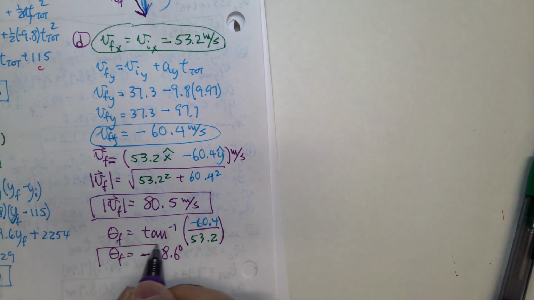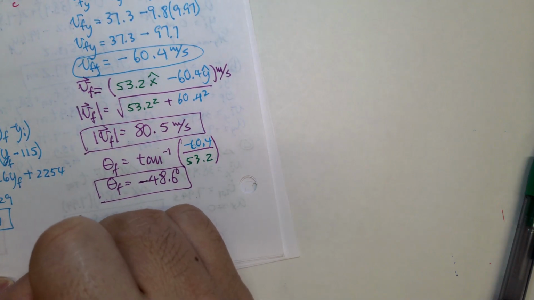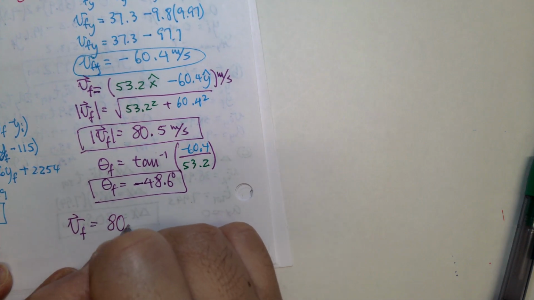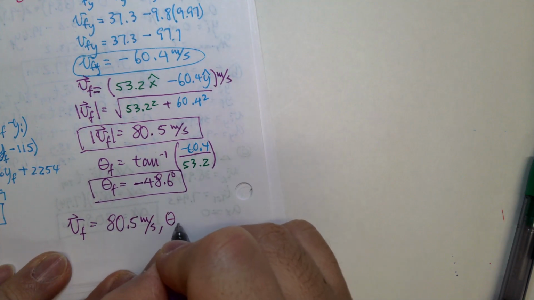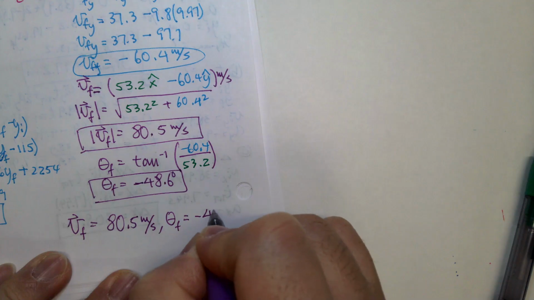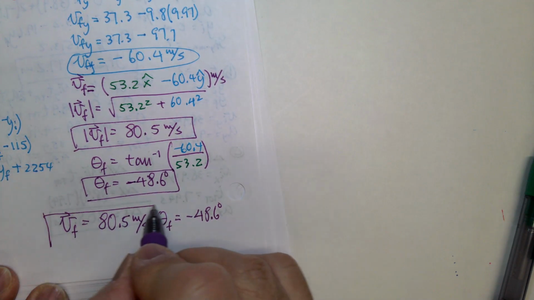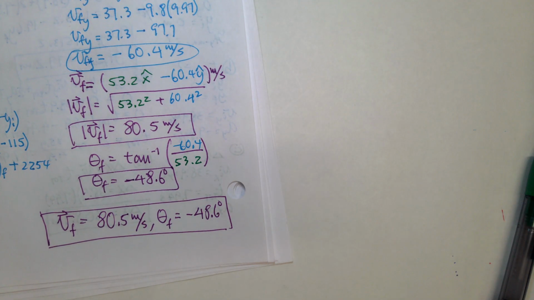So now I have both ingredients to write my final velocity in polar form as 80.5 meters per second, comma, theta final is equal to negative 48.6 degrees. Boom.